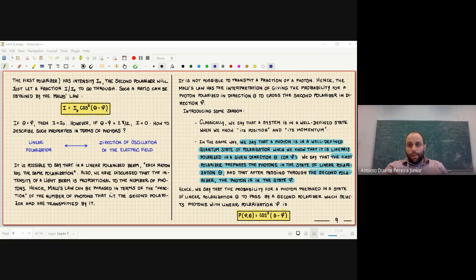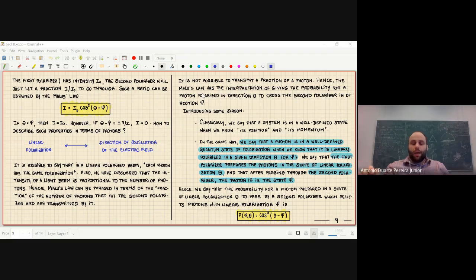But as we discussed, you don't transmit half of a photon. Either the photon passed through the polarizer or it did not. You don't say that a component of a photon passed through, as you say for an electric field. You say a photon passed or the photon did not pass.